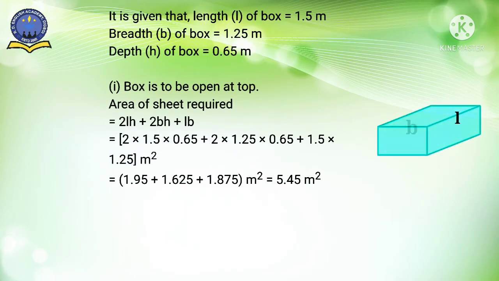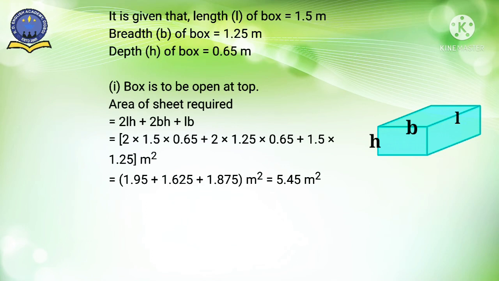The box is open at the top, so that's why we find the area of the sheet this way. When the top part is open, we write 2 times length into height, 2 times breadth into height, and only 1 time length into breadth. Already we know why we write 2 times here. Now length is 1.5 and height is 0.65.